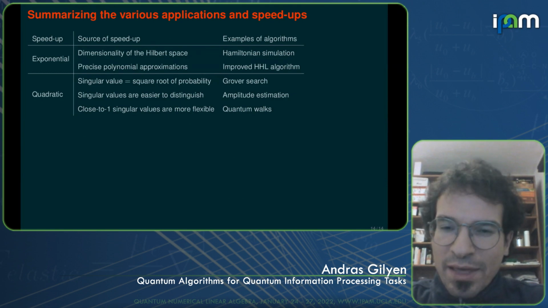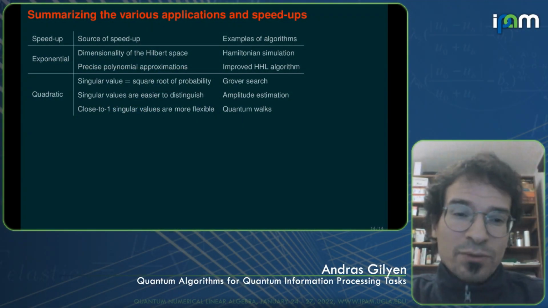For example, the exponentially improved error dependence of the HHL algorithm falls into this category. And then there are quadratic improvements possible due to the fact that singular values that appear in these matrices are generally the square roots of the probabilities of the classical algorithms. Grover search can basically be viewed as having the quadratic speedup due to this fact.